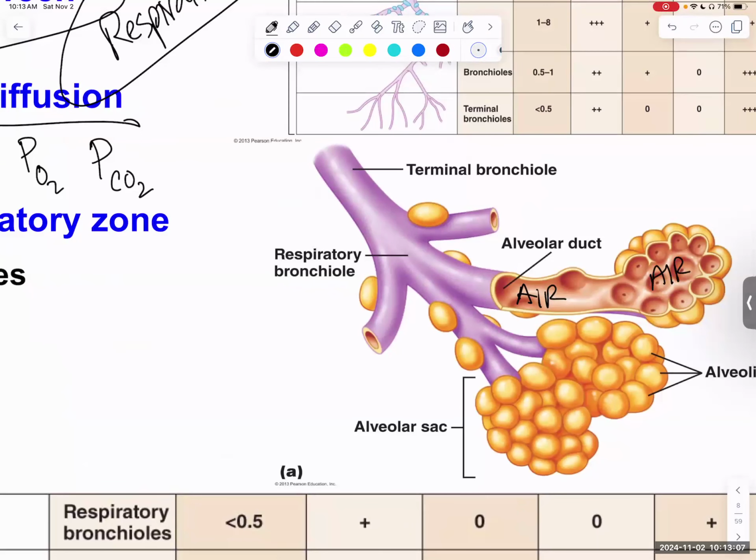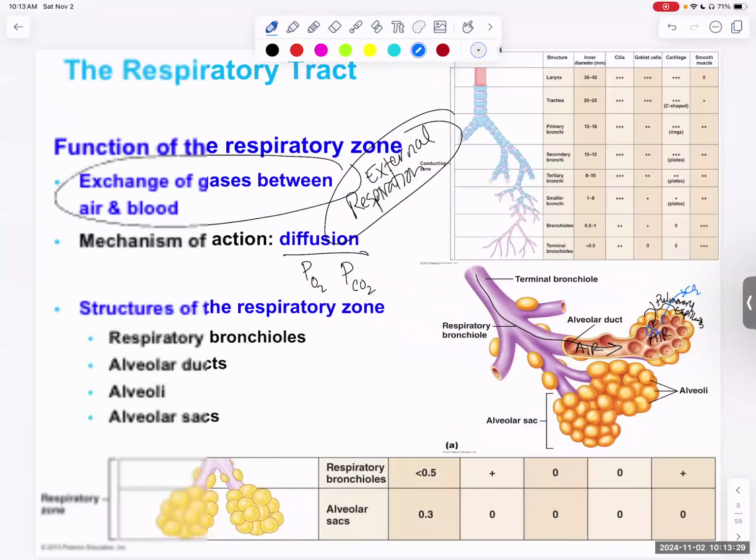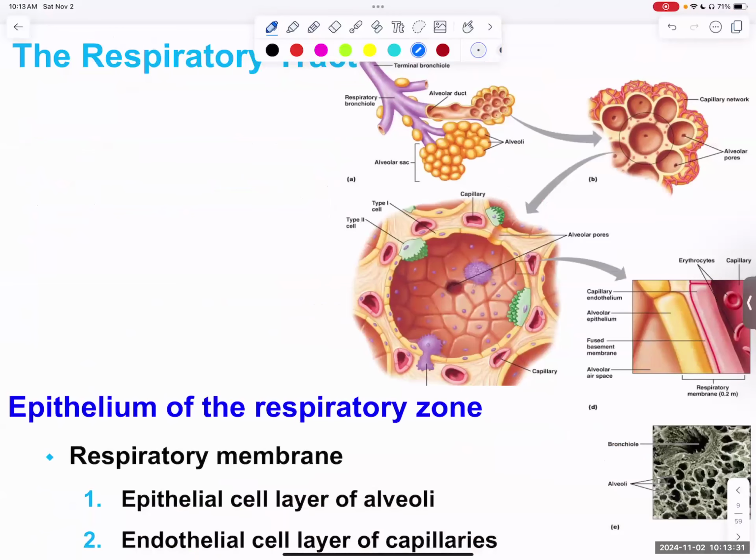This is where atmospheric air goes, right? So air is flowing and it's going to here, and then the pulmonary capillaries are out here. And so there's going to be oxygen coming in and carbon dioxide leaving, and this is where gas exchange is occurring. So gas exchange is respiration.